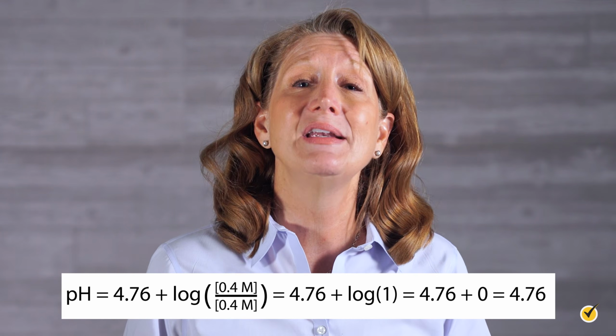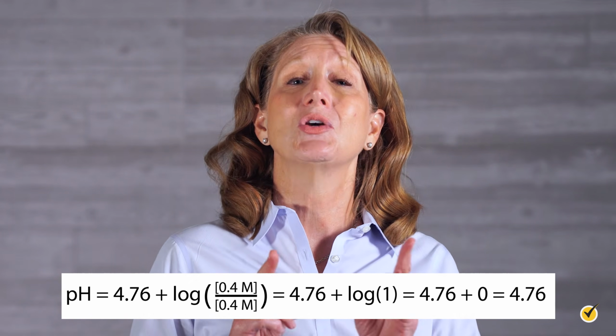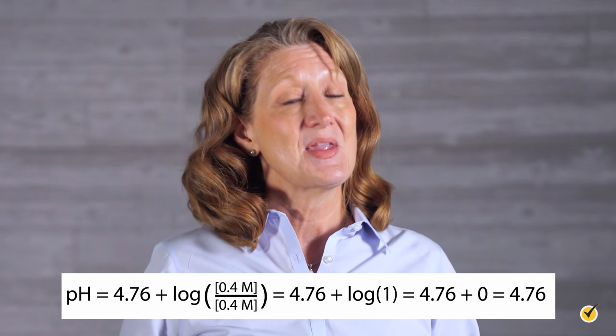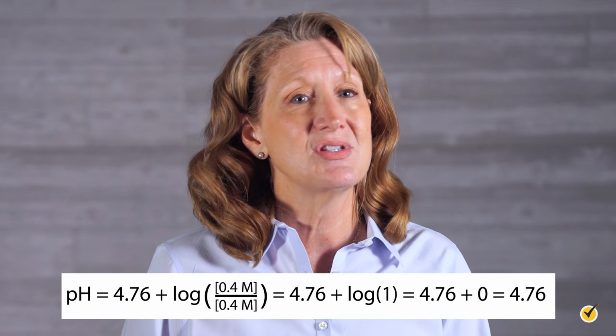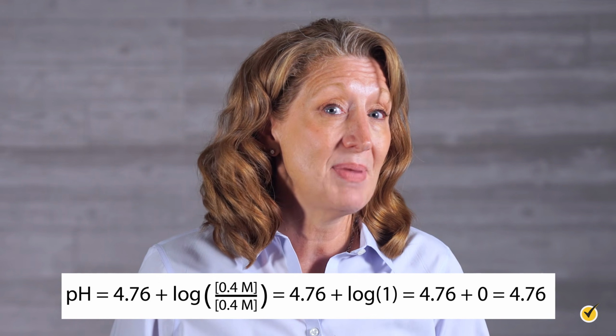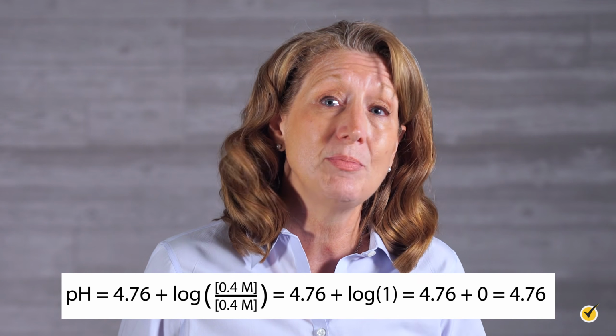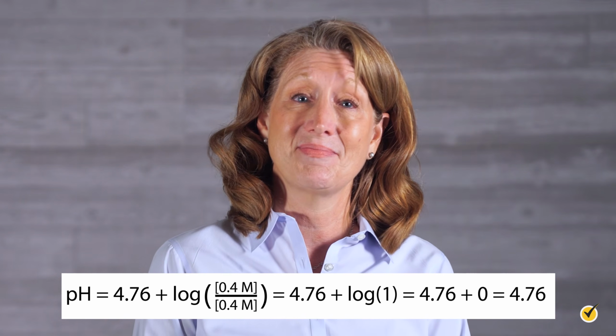The log of 1 is 0, so our pH is 4.76. Notice that when the concentrations of the weak acid and conjugate base are equal, the pH of the solution is simply equal to the pKa of the acid.